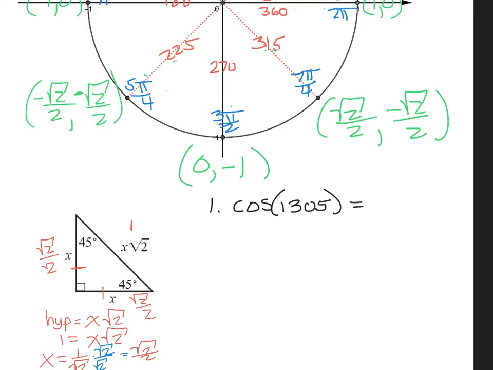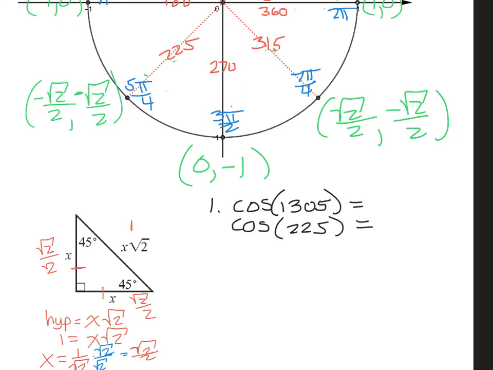So we go around once, it's 360. Around twice is 720. 1305 minus 720 gives us 585. We can keep going. Around a third time is 225. So this would be the same thing as cosine of 225.